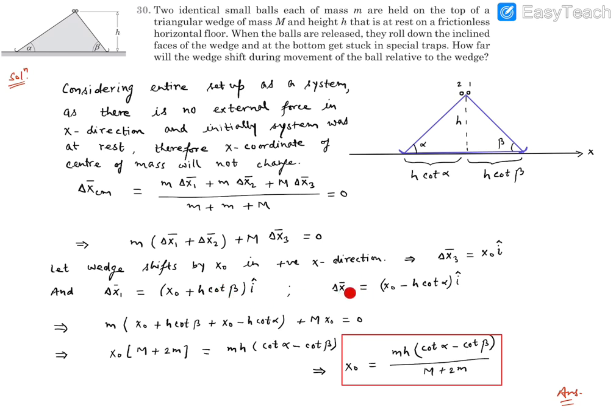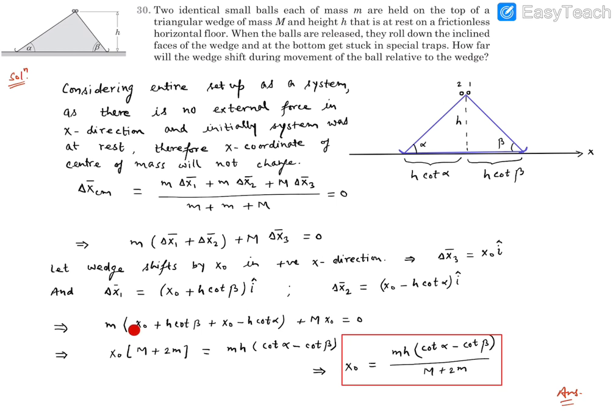Similarly, the x displacement of particle 2 with respect to ground will be counted in the same fashion. That means displacement of 2 with respect to the wedge plus the displacement of the wedge. So displacement of the wedge is x naught i cap, and this is in the opposite direction, so it's minus h cot alpha i cap. Now we got all these x coordinate displacements.